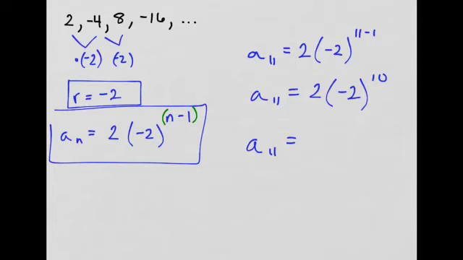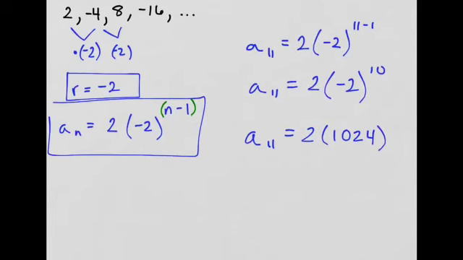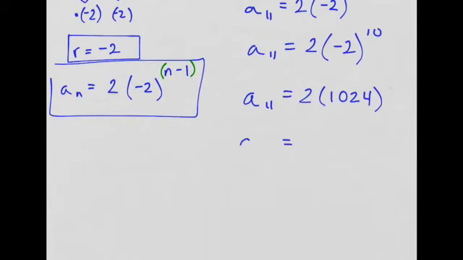And then what's -2 to the 10th? So this is 2 times what? 1,024. It's positive because we have an even exponent. 1,024 times 2, so the 11th term is 2,048.